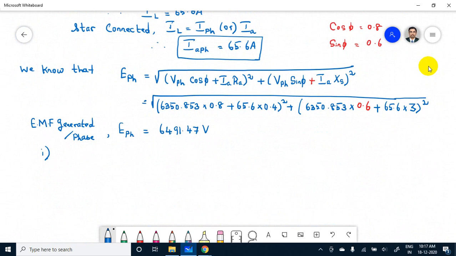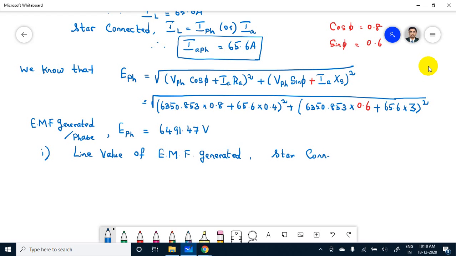So to calculate line value of EMF generated, this is star connection.